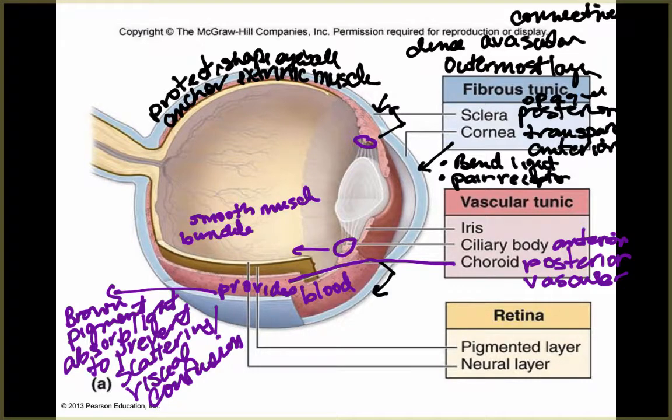And you also have ligaments there. And this is going to hold the lens in place. And it's going to control lens shape. And that should be apparent because you can see all these little things connecting to the lens.